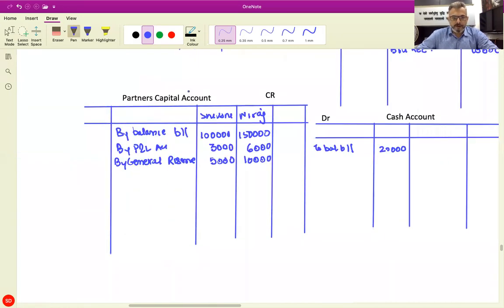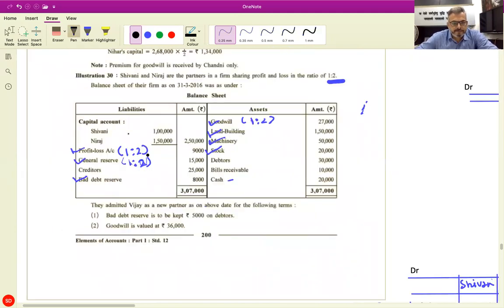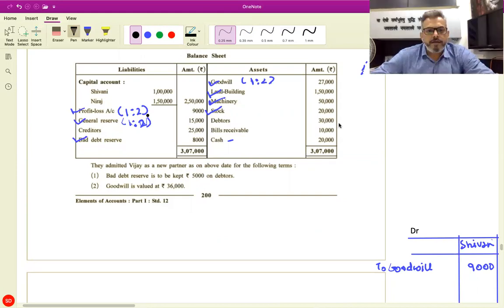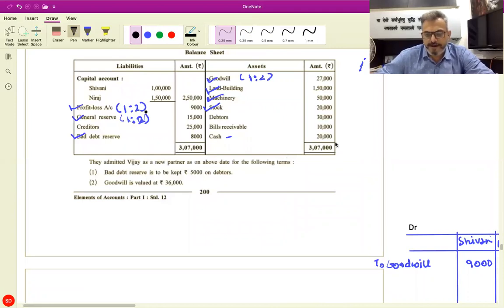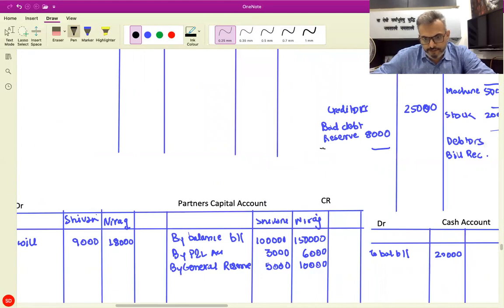Next. Now let's go to the adjustments. They admitted Vijay as a new partner as on the above date for the following terms. First, bad debt reserve is to be kept at 5,000 on debtors. Now bad debt reserve we have 8,000, so minus 3,000.